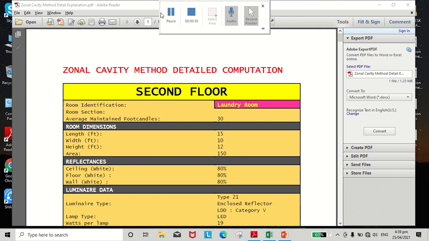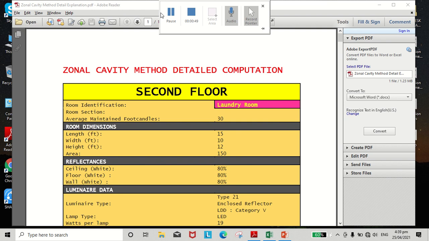The first one, if I'm not mistaken, is constructing the floor plan of your intended house to be designed. Another one is the zonal calculation method.